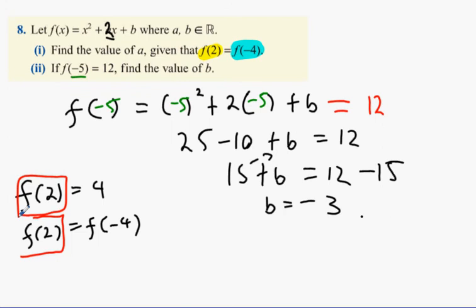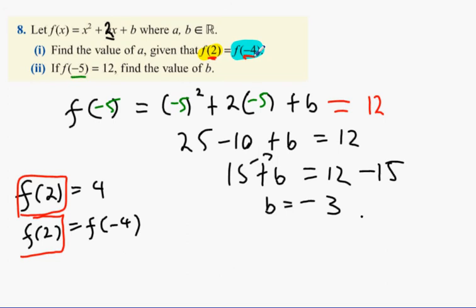So you have to do both of them separately. Replace the x's with 2 is equal to when you replace the x's with minus 4s.